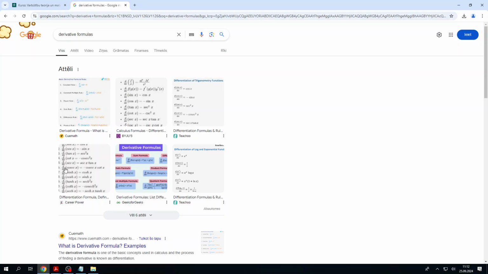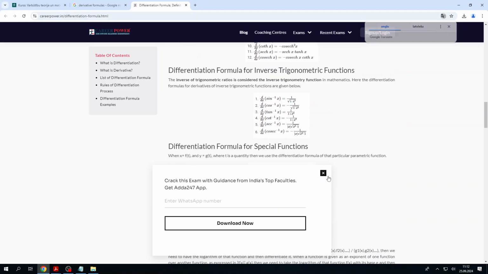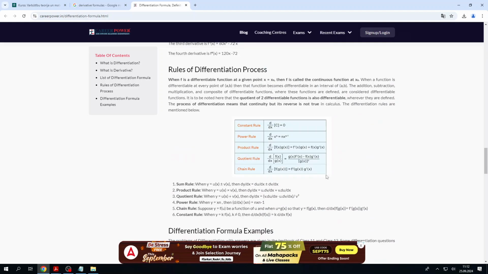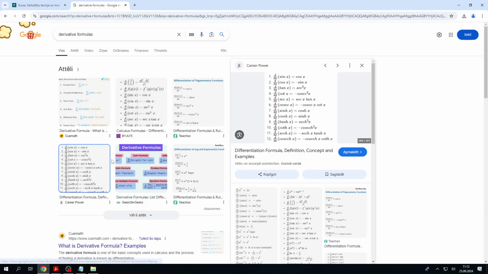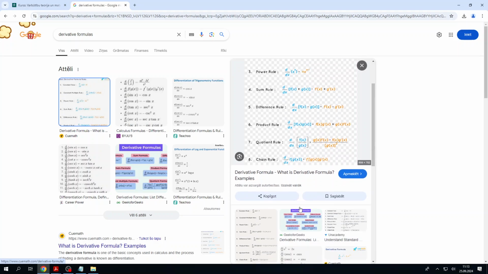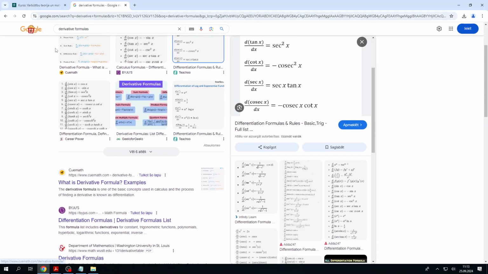So we are going to need some logarithm formulas. Let's find another table.